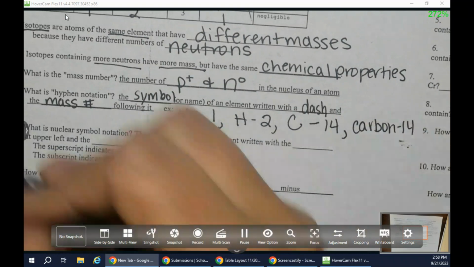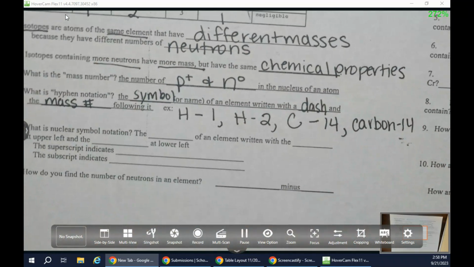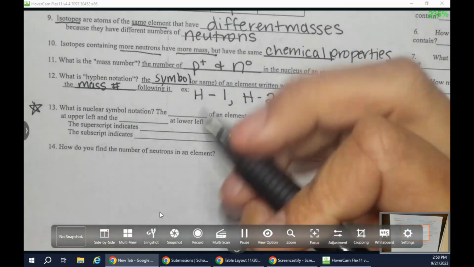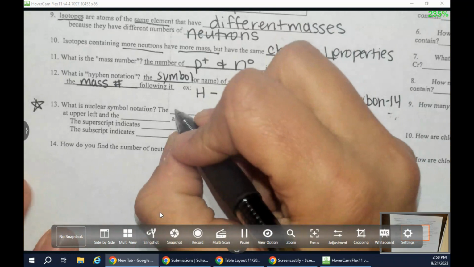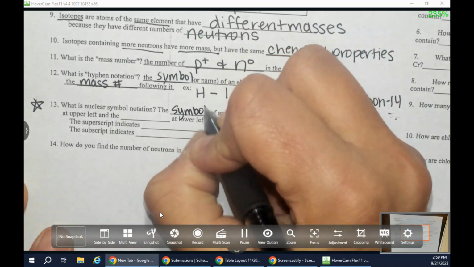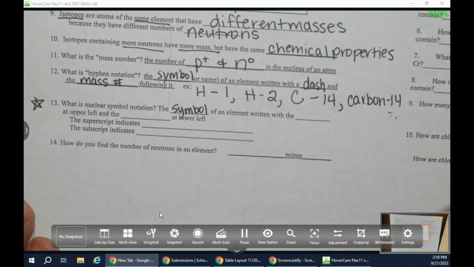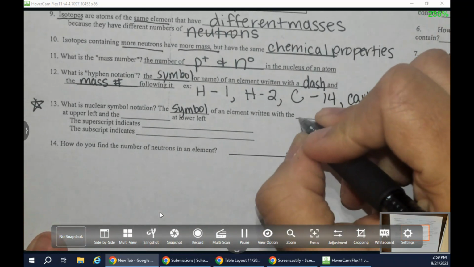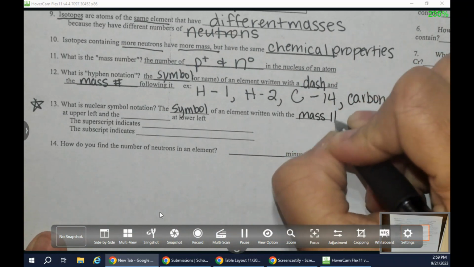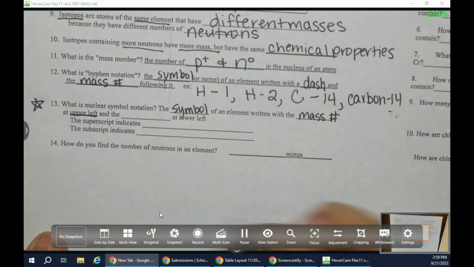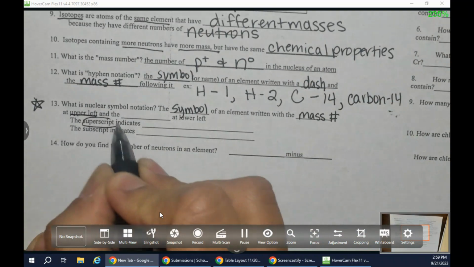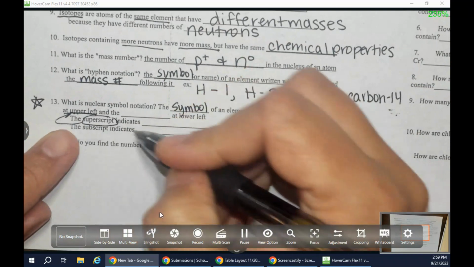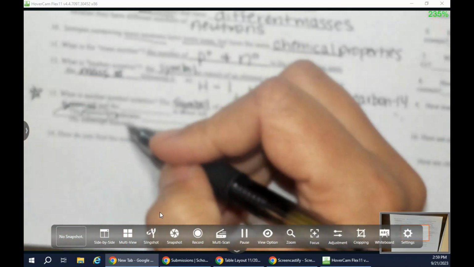Nuclear notation is the one that you will be using the most for me. Nuclear notation is still going to be the symbol of the element written with the mass number in the upper left as a superscript, meaning above.